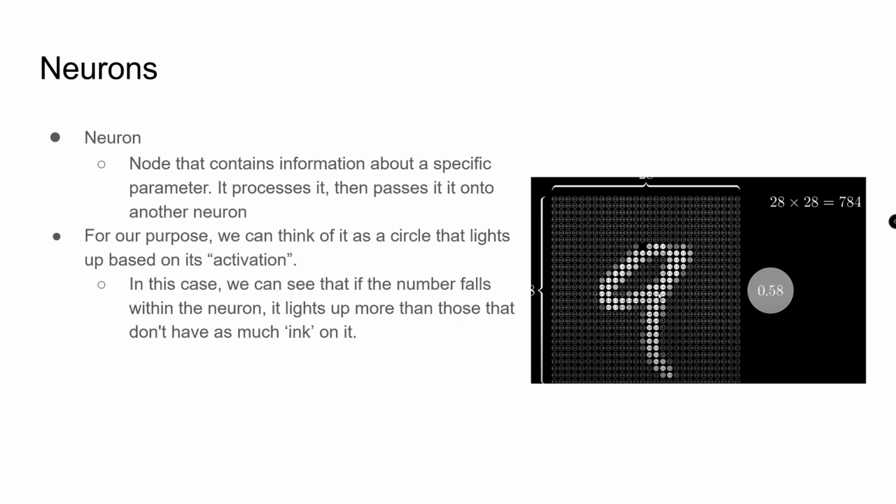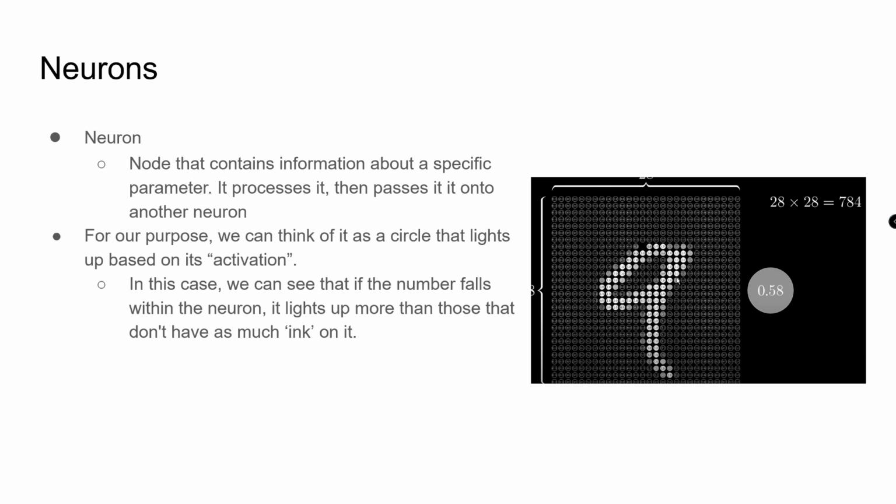Where there's more ink, or where it's brightest, you can see that the specific node has a larger value. In this case, around here, we're going to have a 1.0. This is the maximum. These nodes' values are between 0 and 1.